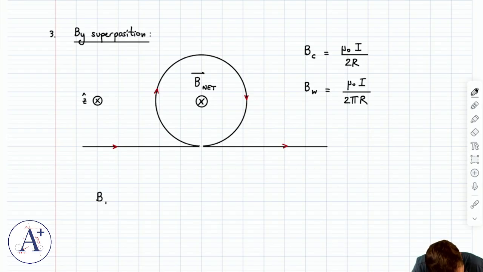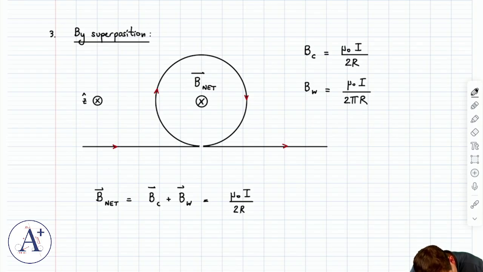And by superposition, B net is equal to B circle plus B wire. Now as vectors, careful. Now B circle goes into the page, and so it's going to be mu naught I over 2r along Z hat because it's into the page. B wire comes out of the page, so I need a minus mu naught I over 2 pi r Z hat. Okay, so you can do one better than that.